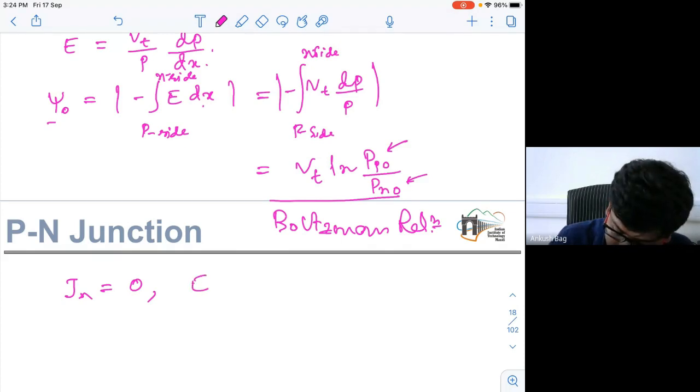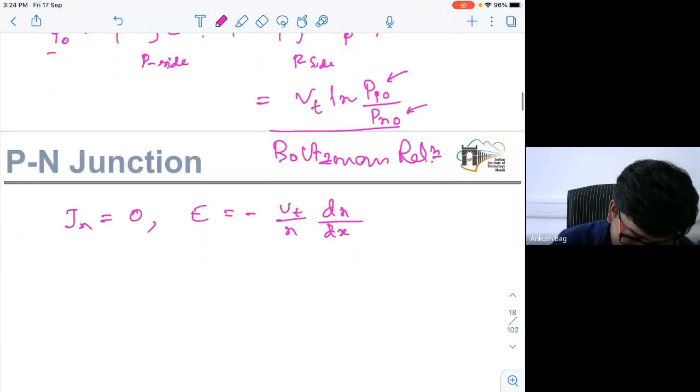Once again we'll have this electric field as this, and then the built-in potential in terms of electron concentration we can find out: Vt ln of nn naught divided by np naught.